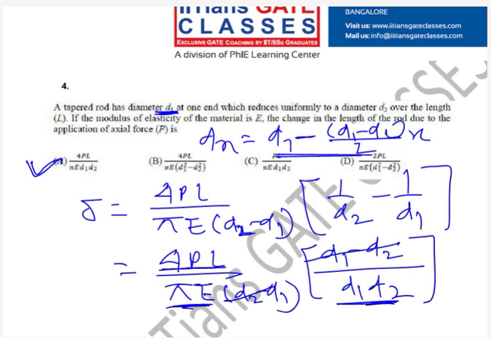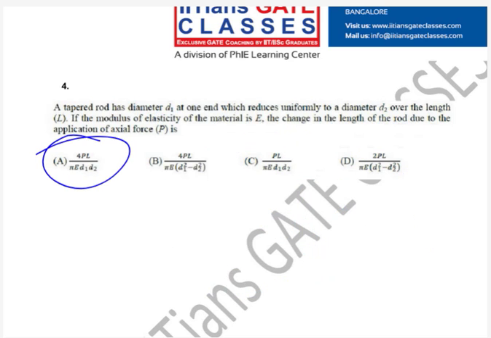The process is clear. Now if you see the solution of this question in GATE, they have done it in a bit complicated way. The same question is solved, but in a little lengthier way. This is the easiest way. You find the diameter at any section, you integrate it, and you will get this formula. This formula is a standard formula.